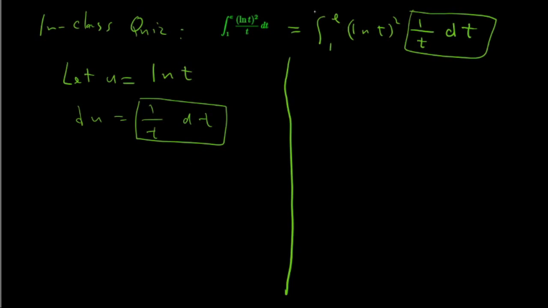So this time you do not have to write x equals e, x equals 1. I will show you another way to write it. But by default, that's x value. We need to convert x value of 1 and x value of e to u values. The lower limit, the relation between u and t. Sorry, I said x. It should be t.